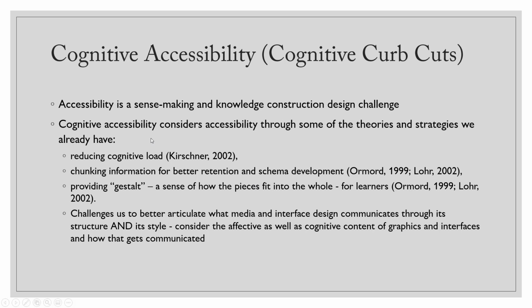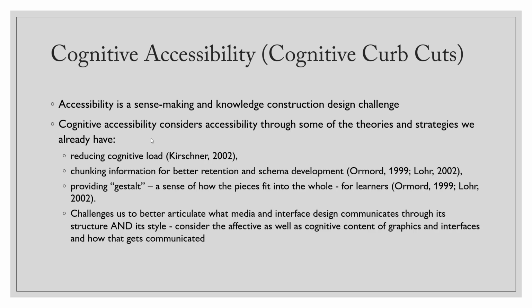So cognitive accessibility considers accessibility through some of the theories and strategies that we already have. For example, reducing cognitive load, which is cognitive load theory, chunking information for better retention and schema development, which comes from cognitivism and schema theory, and providing, from gestalt theory, a sense of how the pieces fit together as a whole for learners.